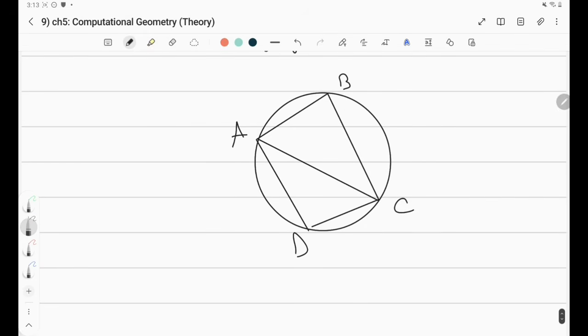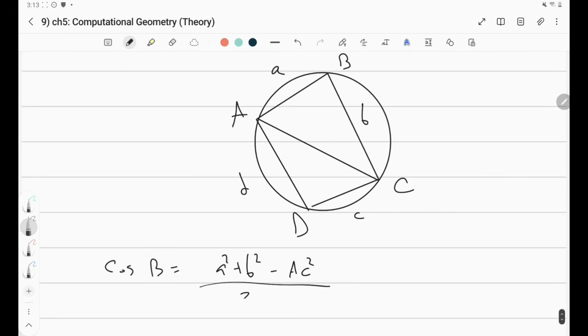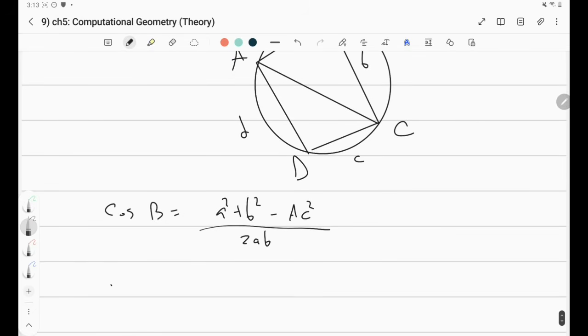Let's name the sides A, B, C, D. What was the cosine law? Cosine B is equal to A squared plus B squared minus AC squared divided by 2AB. You also know that cosine D is equal to C squared plus D squared minus AC squared divided by 2CD.